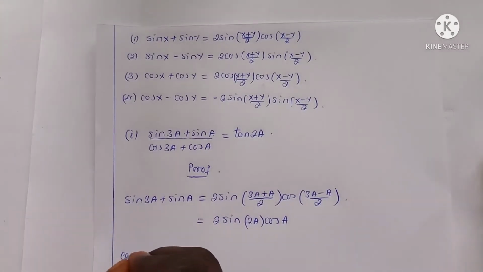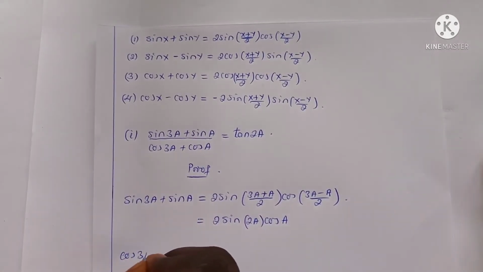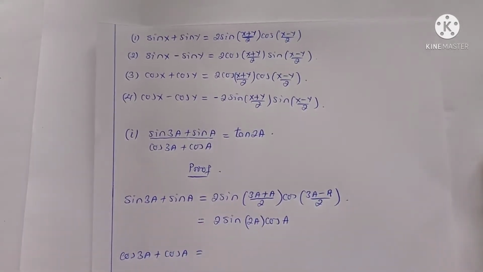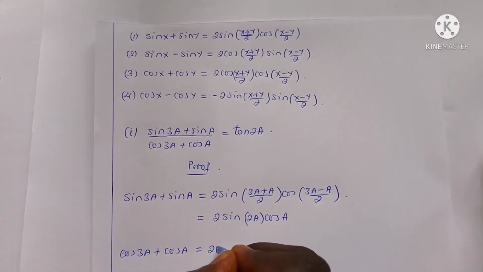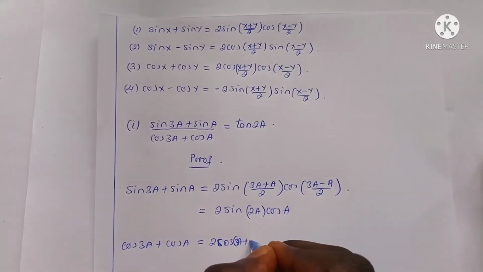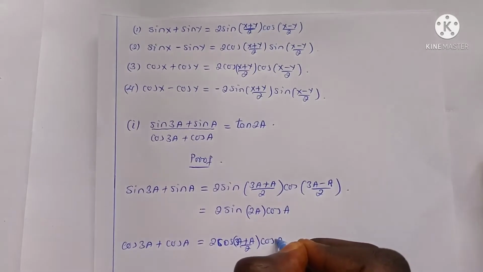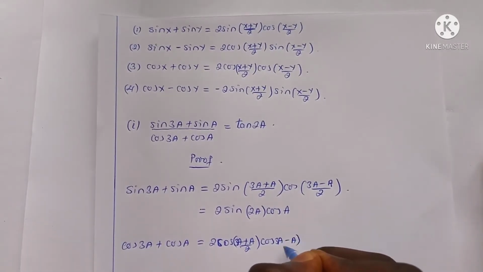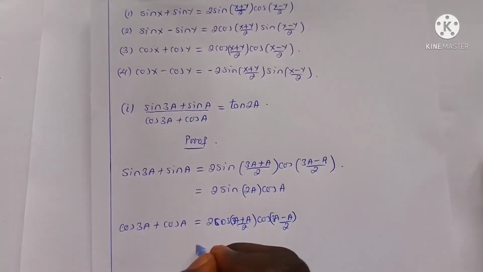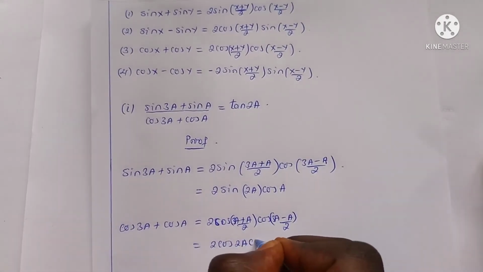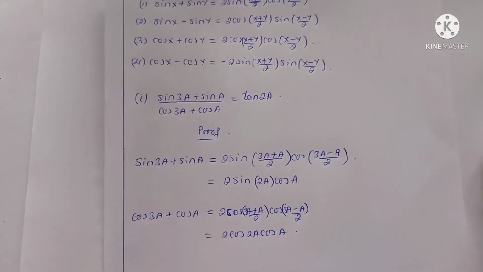Also, the cosine of 3a plus the cosine of a is equal to 2 times the cosine of 3a plus a divided by 2 times the cosine of 3a minus a divided by 2. And this is equal to 2 times the cosine of 2a times the cosine of a.